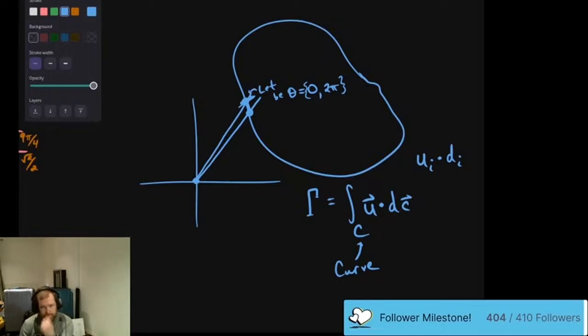Okay. And I don't know what your dc vector is. So it seems like it should be the vector that you are moving along from point A to point B.